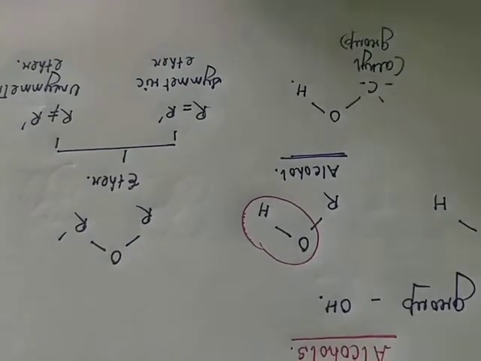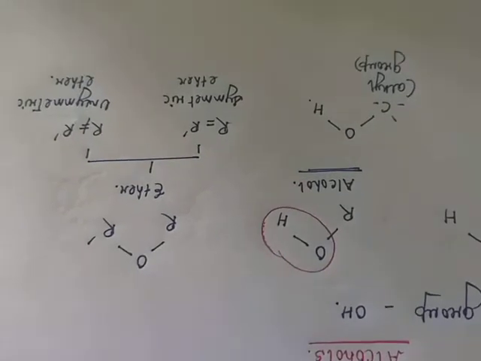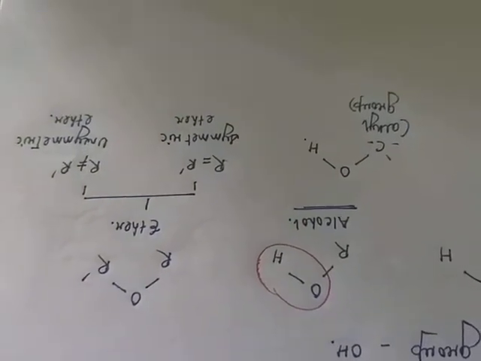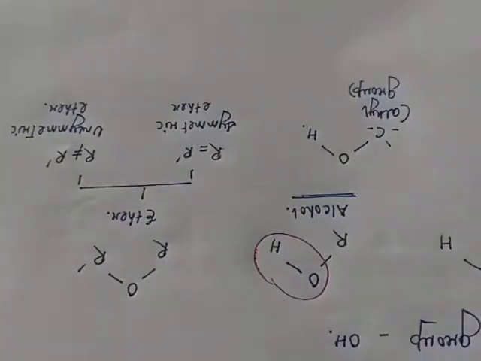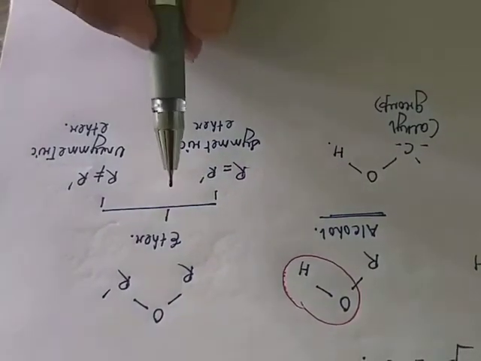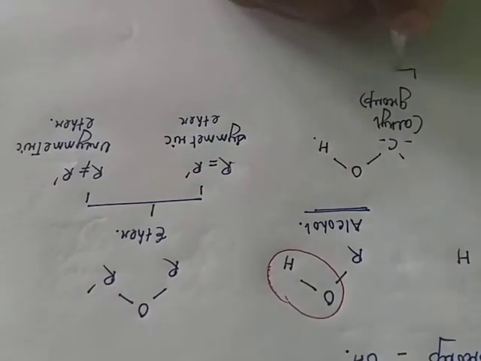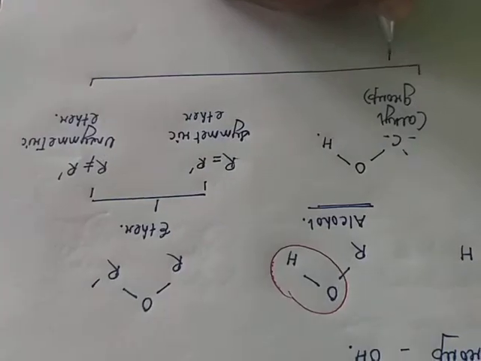So these relative bond strengths actually determine how this alcohol would behave. One more thing, alcohols and ethers with the same molecular formula are functional isomers.